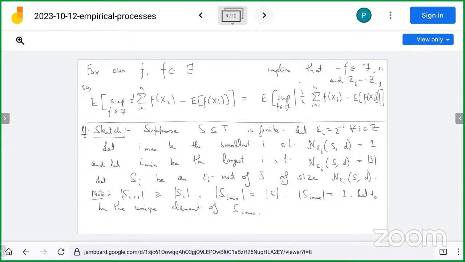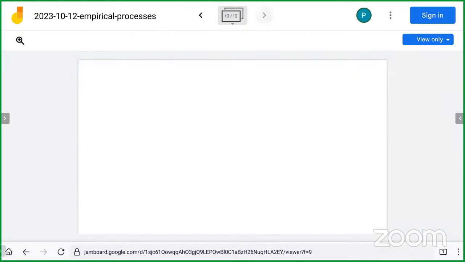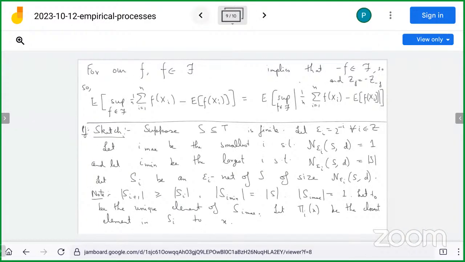Okay, so this is fine. And now let pi_i(x) be the closest element in S_i to x. Ties broken arbitrarily. This is the projection. So for any x, I go to the closest point in there.